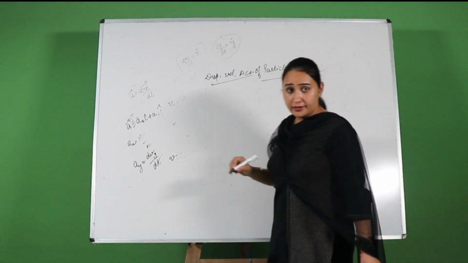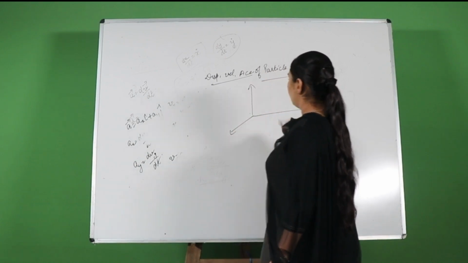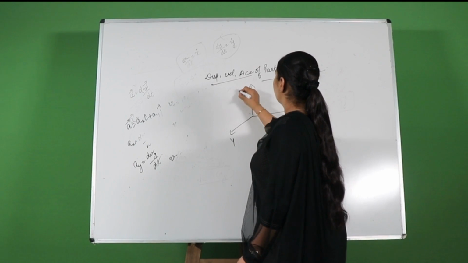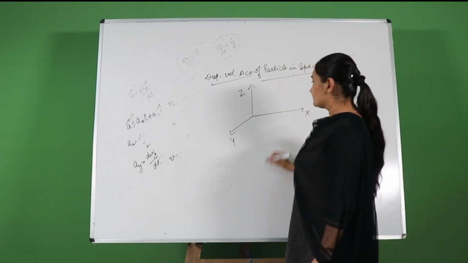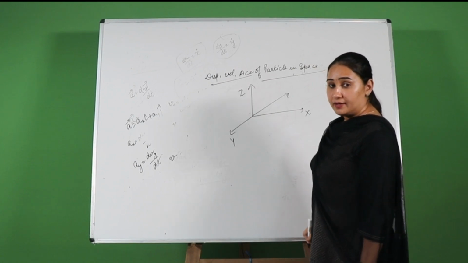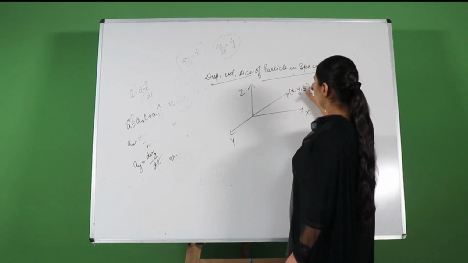For your hint, if a particle is in a space, it will be having 3 coordinates, that is x, y and z.